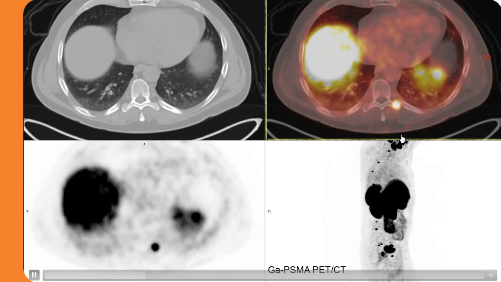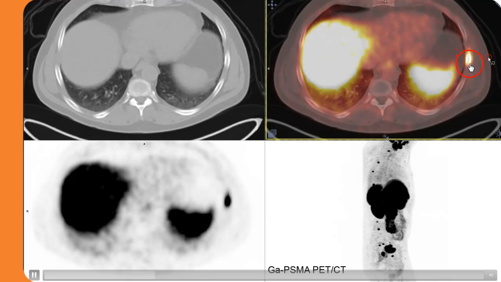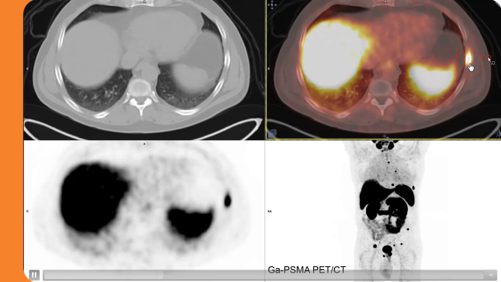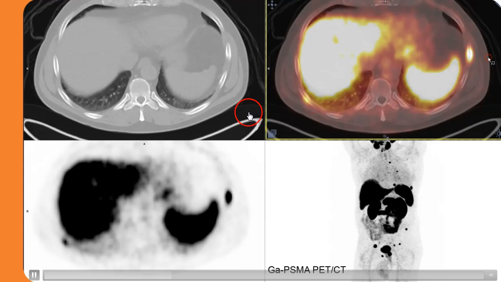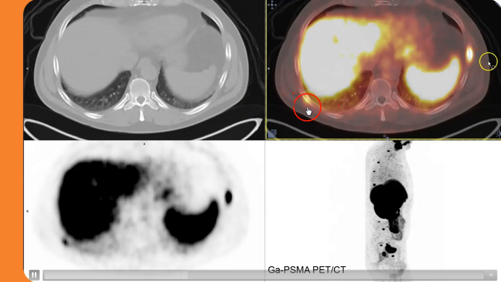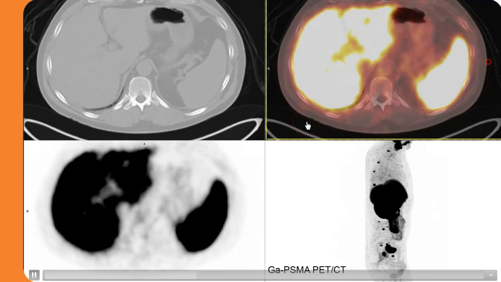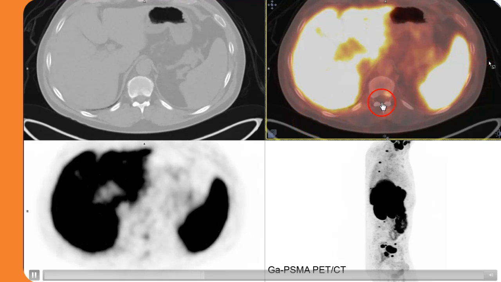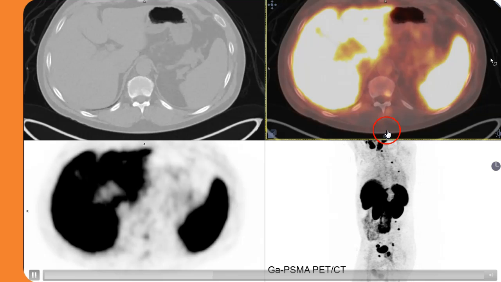And then we begin to see the rib lesion. So here is the 7th rib metastasis on the right, an 8th rib lesion, sorry, on the left, an 8th rib lesion on the right. And then as we go down, maybe there is something in the spine there.